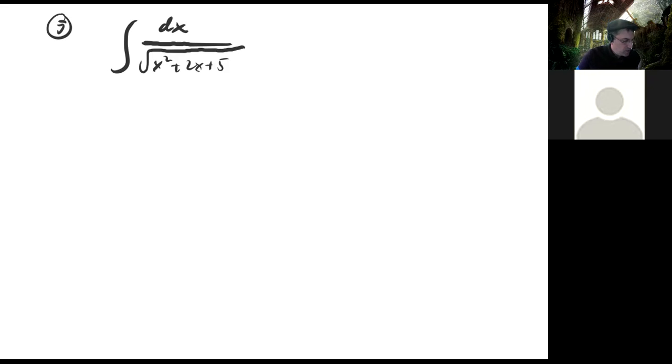So what do we do there? The problem is that this is not in the correct format. It's x squared plus 2x plus 5. There's no first power of x in our substitutions that we're allowed to do here.